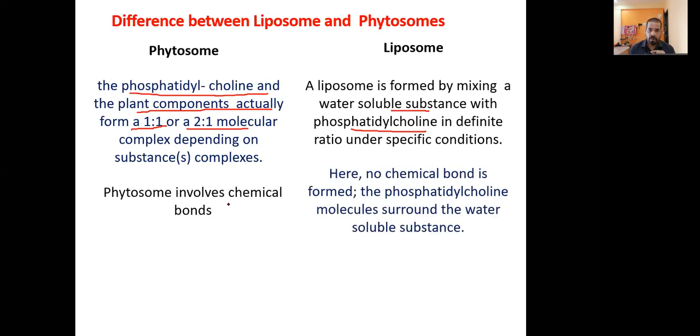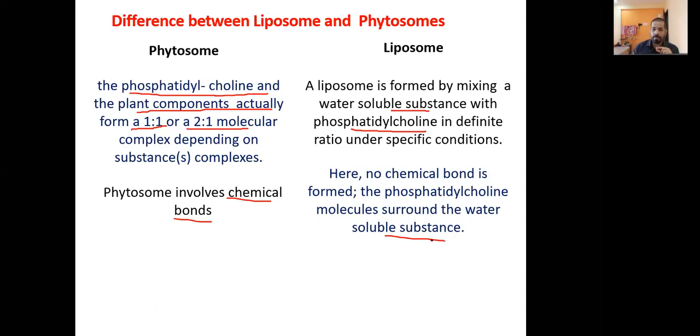Then the phytosome involves chemical bonds, while no chemical bonds are formed in the liposome; the phosphatidylcholine molecule surrounds the water soluble substance. So we have seen in the previous diagram the phytosome, that is the herbal drug or extract and phosphatidylcholine, showing a chemical reaction.